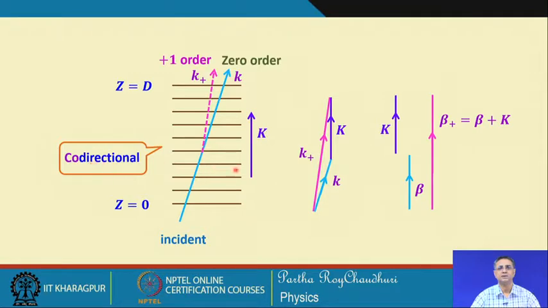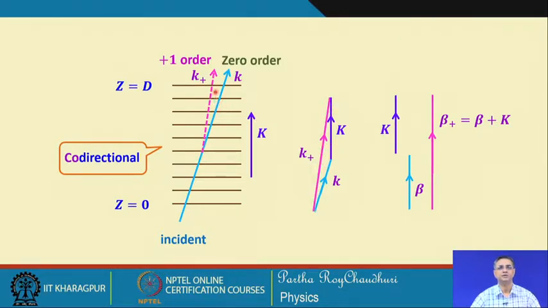Look at this, you have your incident beam whose propagation vector is k, which is this, and this propagation vector will be modified by adding the propagation vector of the acoustic wave. So, this k plus capital K will be equal to k plus.